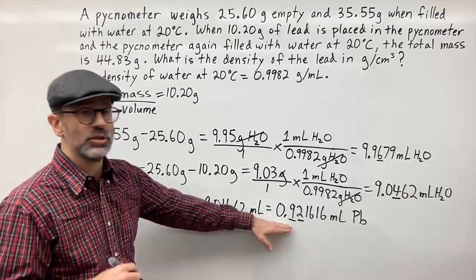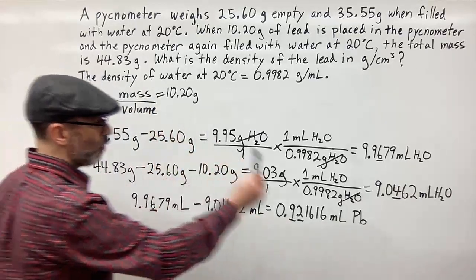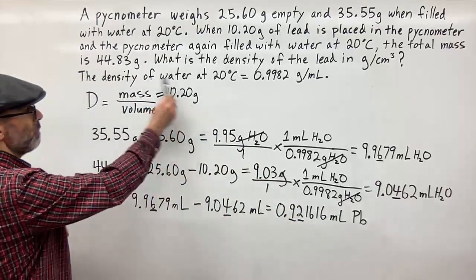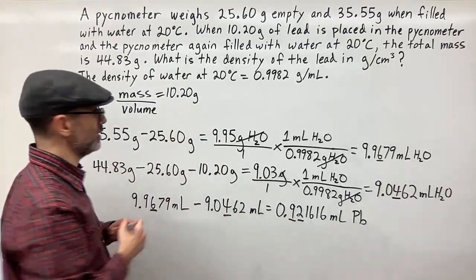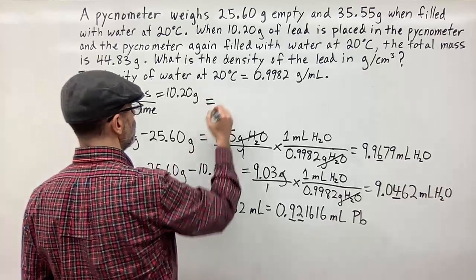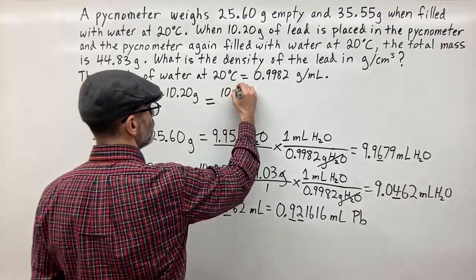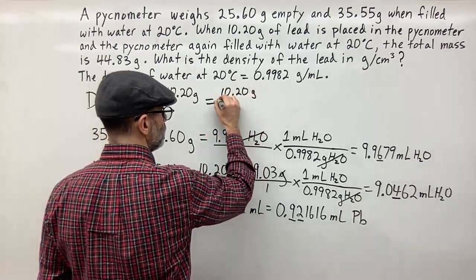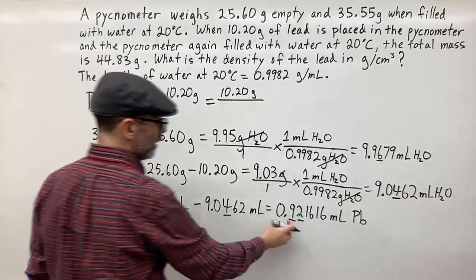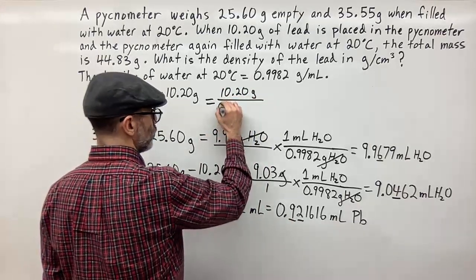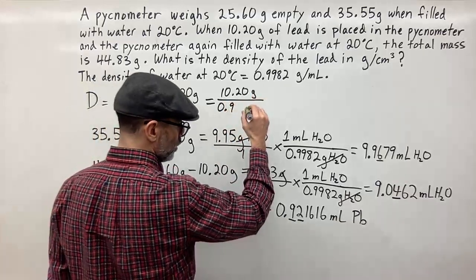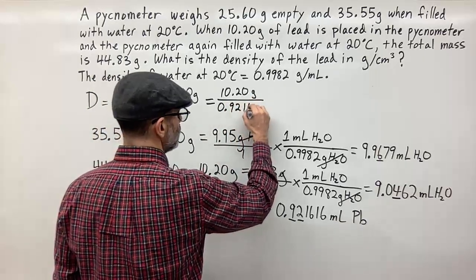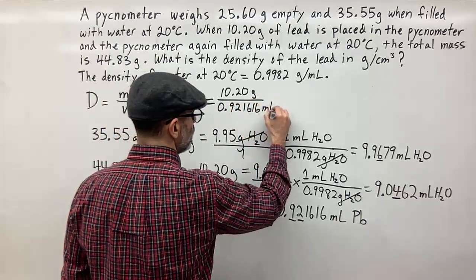So now I can do the density. I have the volume of lead. I have the mass of the lead. So now I can calculate density. So density is going to be equal to 10.20 grams divided by this volume, 0.921616 milliliters.